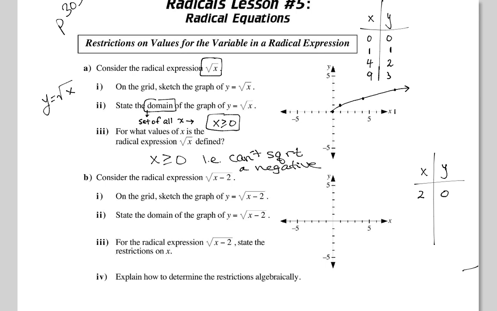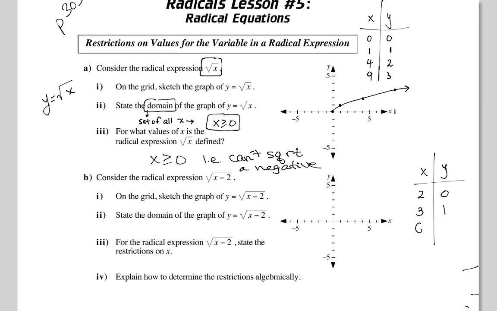So what's the next? Will 3 work? What's 3 take away 2? 1. And then the square root of 1 is 1. So 3 works. What's the next nice point? We need this to evaluate to 4. So x has got to be 6.